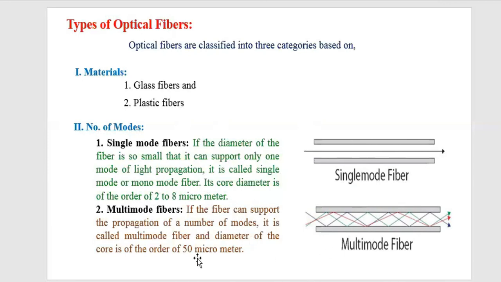If the diameter is large, that is nearly 50 micrometers, then different modes will propagate through the fiber optic material. This is called multi-mode fiber. So basing on the number of modes, there are two types of optical fibers: single mode fiber, which has a small diameter of 2 to 8 micrometers, and multi-mode fiber, which has a larger diameter of 50 micrometers.